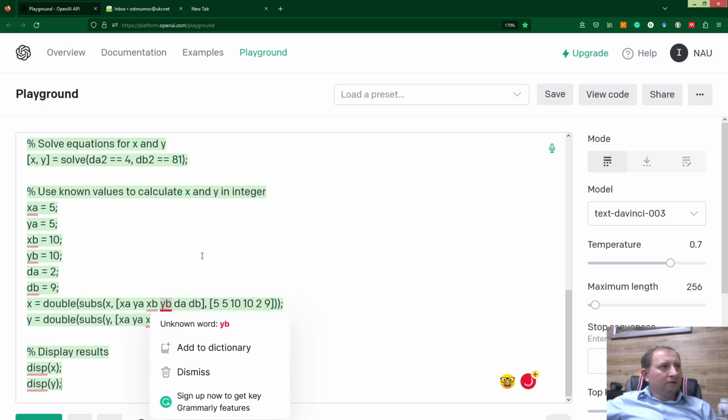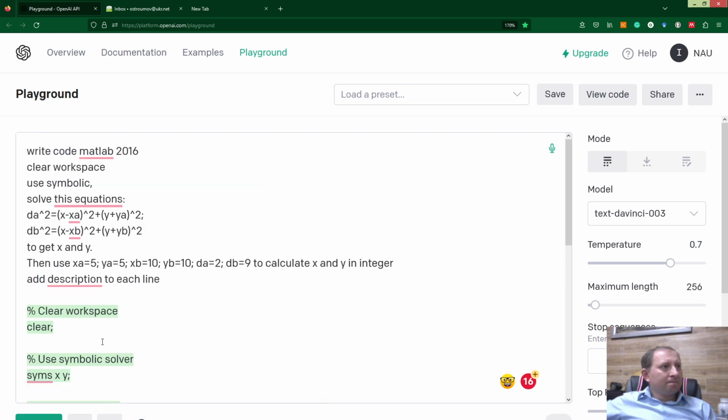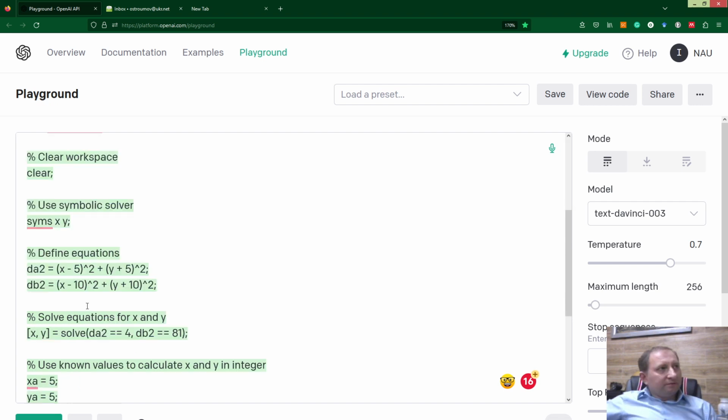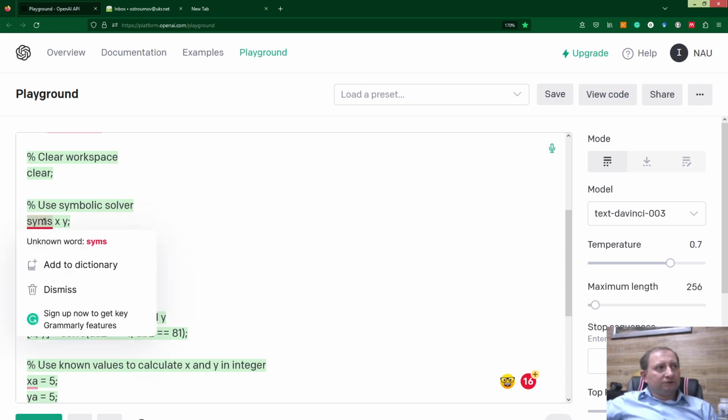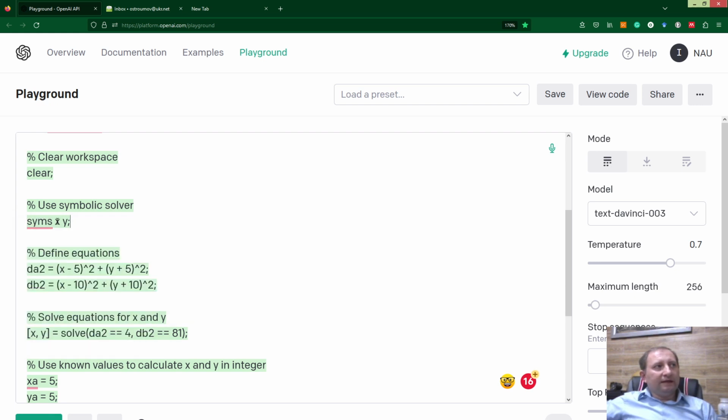Okay, first of all, ChatGPT proposed to clear, and it works because we asked to clear workspace before we solve our system of nonlinear equations. What I don't like is that it uses only x and y.